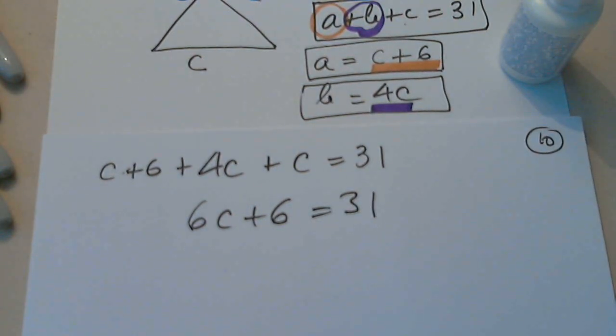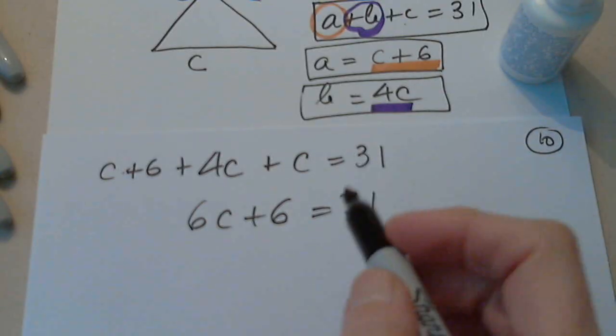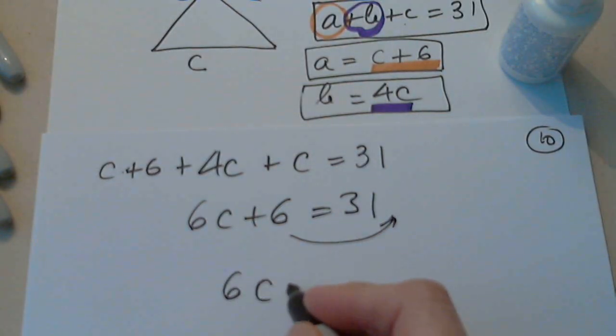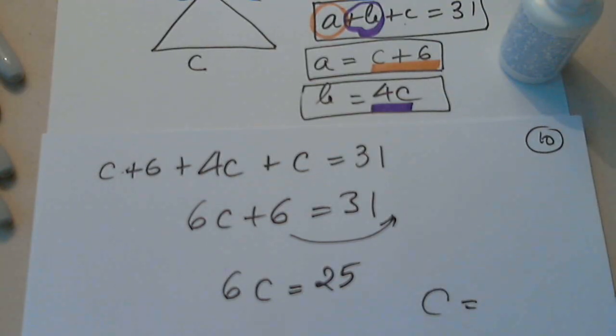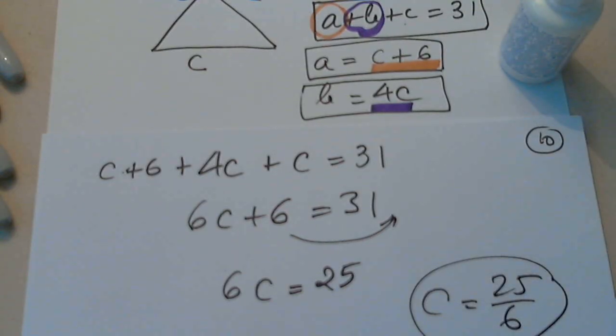Always get into the habit of presenting everything in descending order. Good. What will I have to do next? Minus 6. Of course. So I have 6C equals 25. Good. Final step. 25 divided by 6.